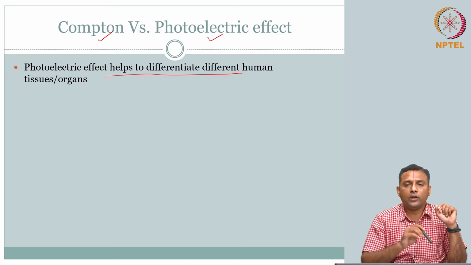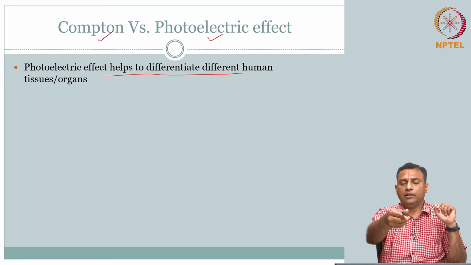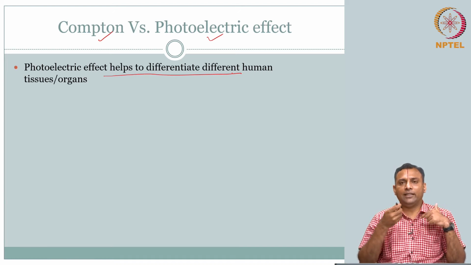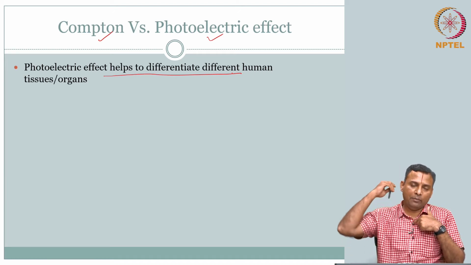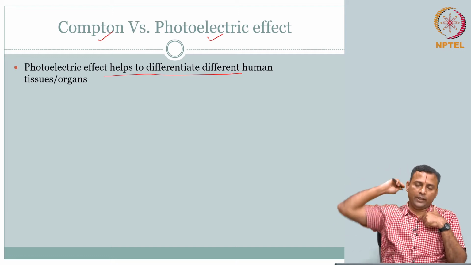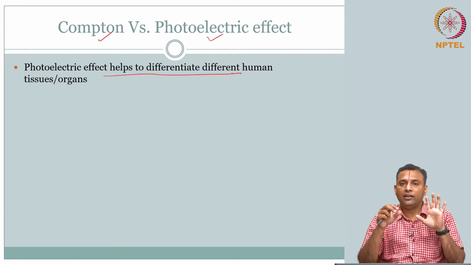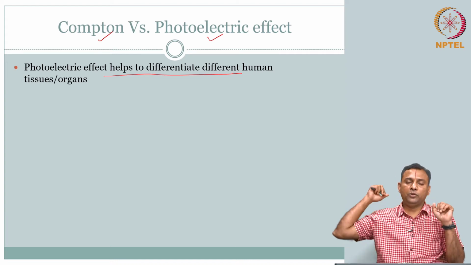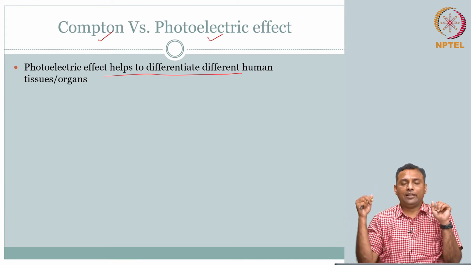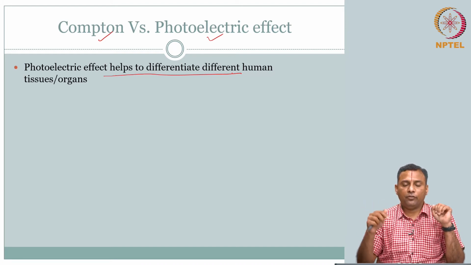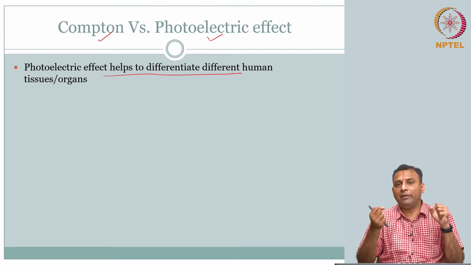So what does the photoelectric effect do? The energy that is coming in is deposited in the tissue and the remaining energy comes out. So it is the relative distribution of which location can stop how much X-ray that you see as the image in your X-ray. In photoelectric effect, the energy is absorbed by the material.